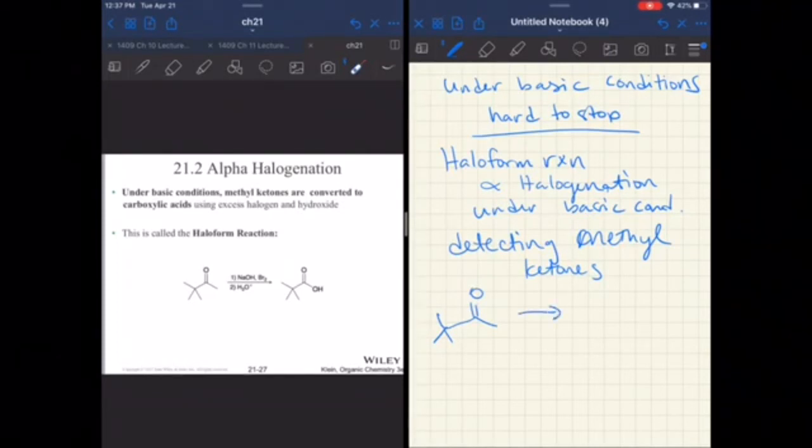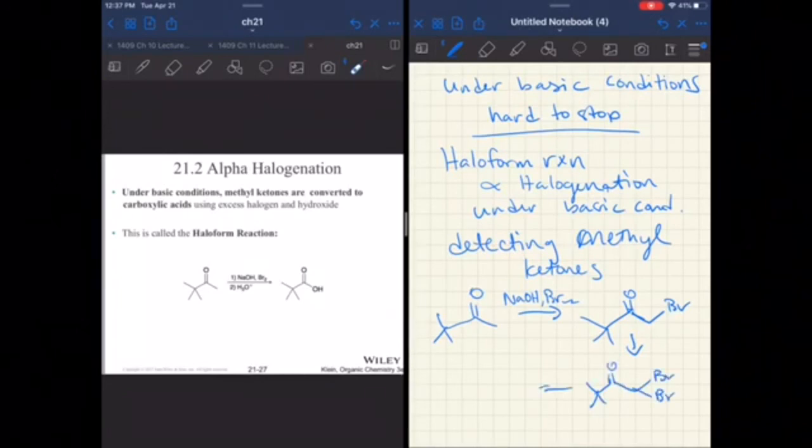What will happen is if you use base and bromine, yes, it will add once. Actually, don't lose a carbon. It will add to the alpha position, but it will keep adding. It will keep adding until you have 3.